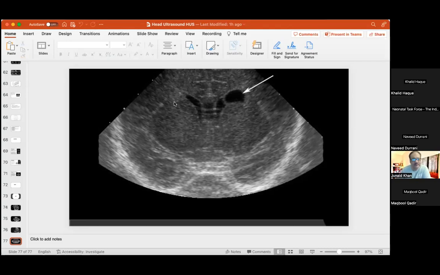Well, I know that there is no real standard set for it, but in our hospital we set our own protocol in consultation with the radiologist.